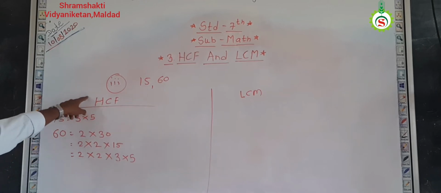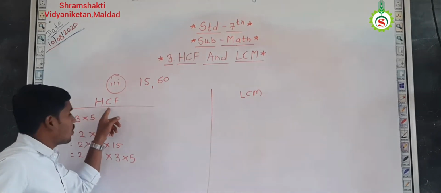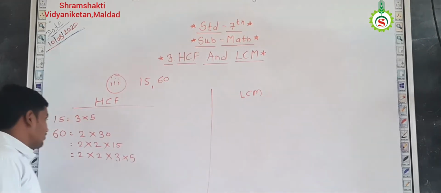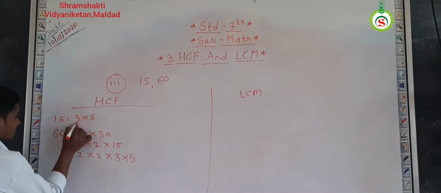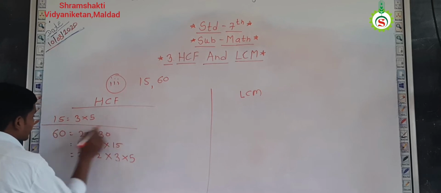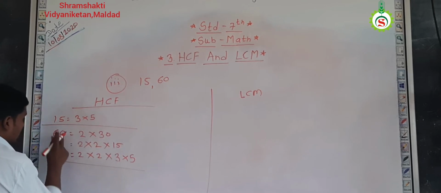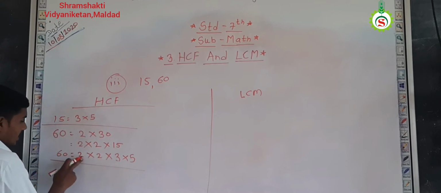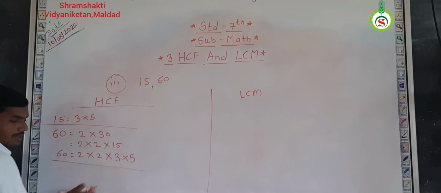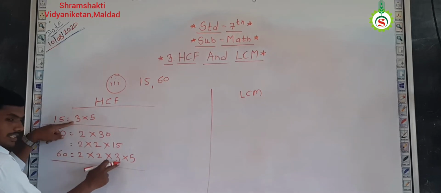Now what I have to find out? I have to find out HCF, highest common factor. That's why what I will take? I will take the common factors. So which are the common factors? Factors of 15 are 3 and 5, and factors of 60 are 2, 2, 3, and 5. Now here is a 3, in the factors of 60 there is also 3.